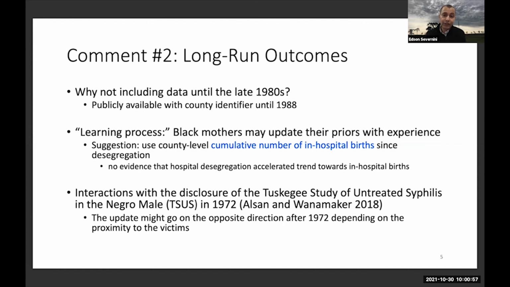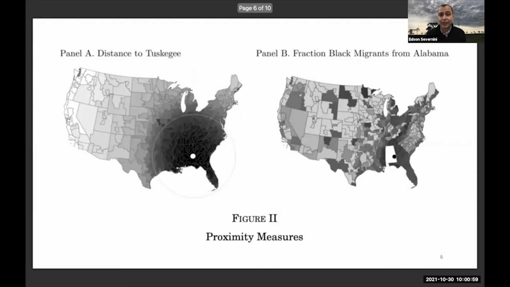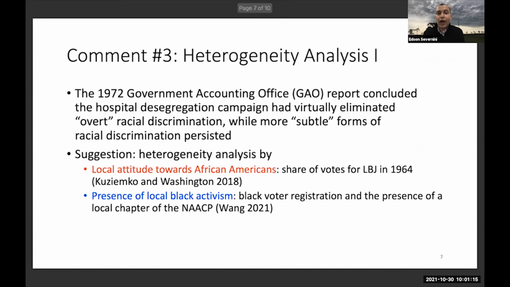Just to take some variation from their paper, here are two potential sources of variation in how close you are to the episode: maybe distance to Tuskegee, or the fraction of Black migrants from Alabama. So you would have a way to interact with the effects to see if something is happening there in terms of this update.